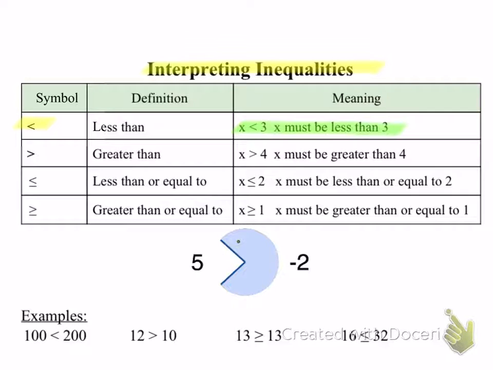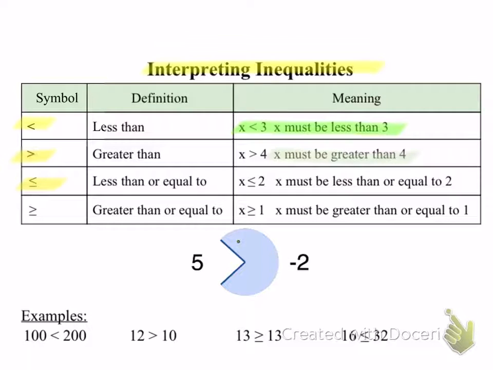Our next one, we've got our greater than sign. And that's pretty much saying that something has to be greater than something else. So our example is x is greater than 4. Our third one, we've got less than or equal to.